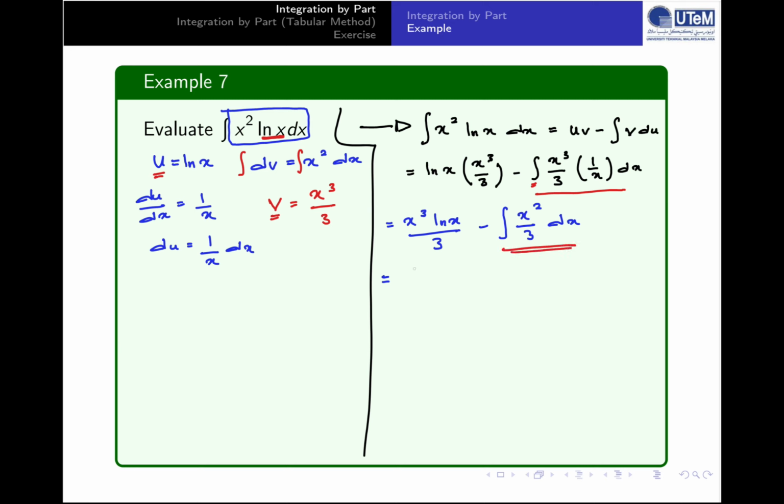You get x cubed ln x over 3 minus x cubed over 9. 9 comes from 3 times 3, and then plus c because it is an indefinite integral. So that is the answer for example 7.